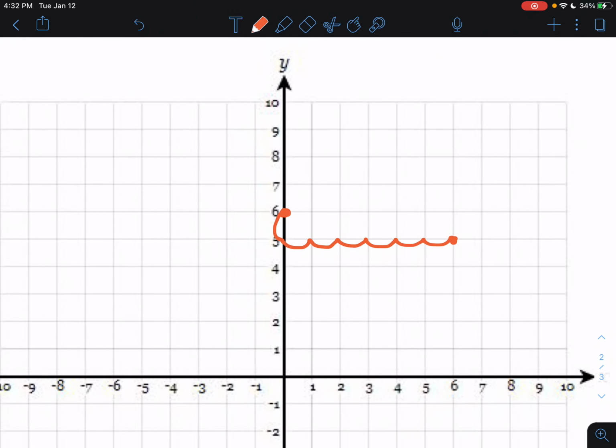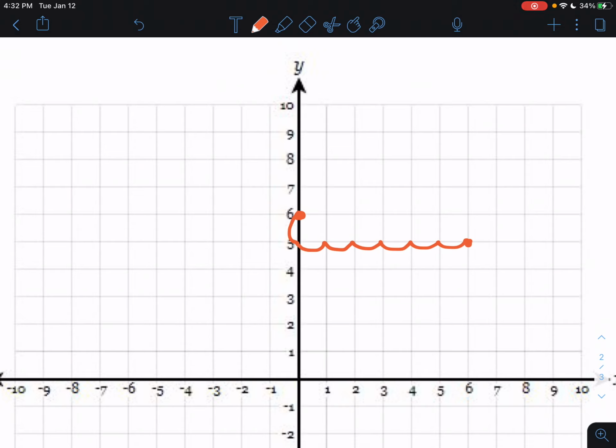And now I'm going to create a line. And there we go.